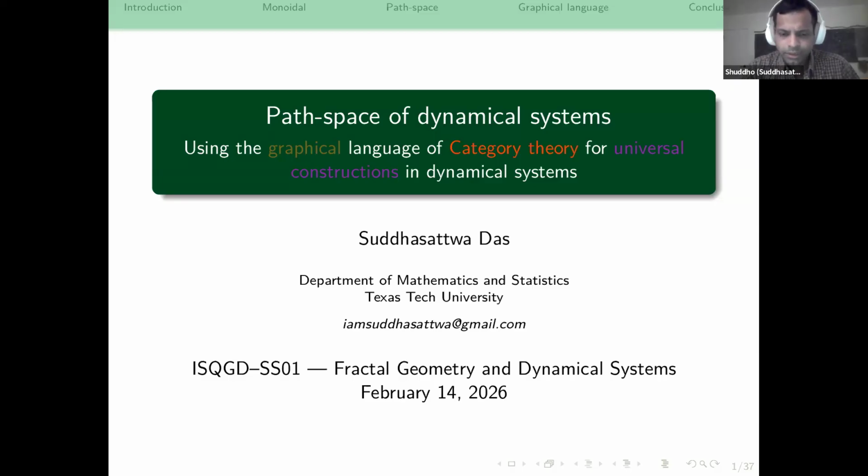The construction will be very diagrammatic. The language of category theory is diagrammatic or pictorial, and it's universal in the sense that I'll claim it to be a picture which is unique and which covers every other similar picture. We'll understand the details when we get there.